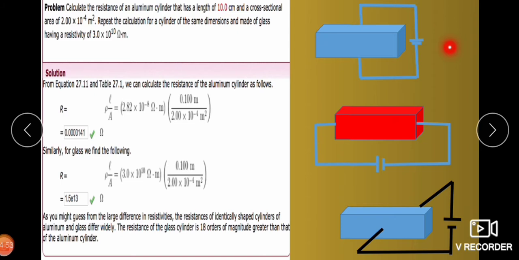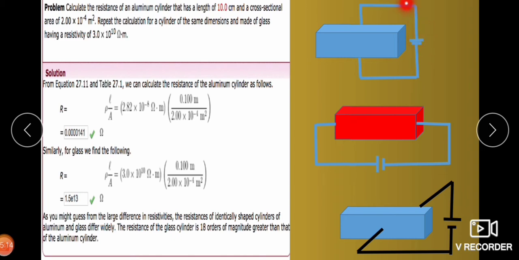Consider another challenging example. Suppose a rectangular slab of copper material, resistivity rho is equal to 1.7 into 10 raised to minus 8 ohm meter, is connected across different surfaces.